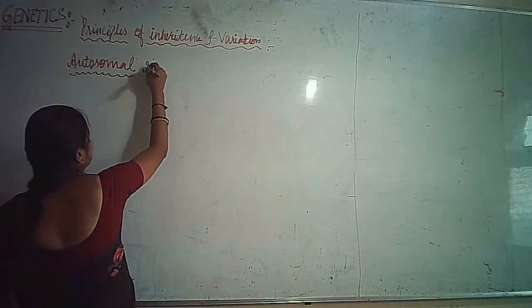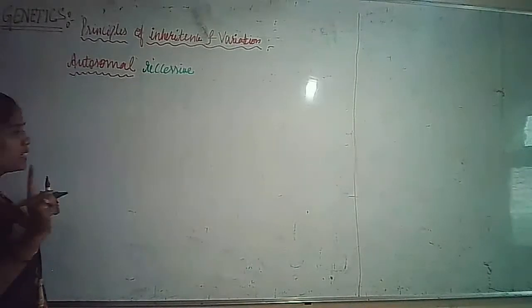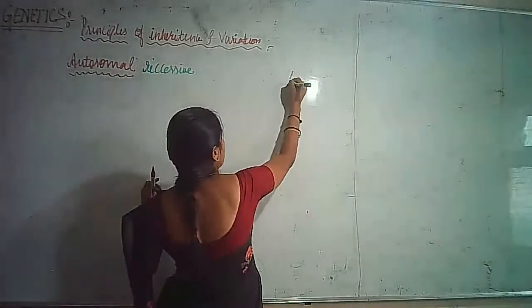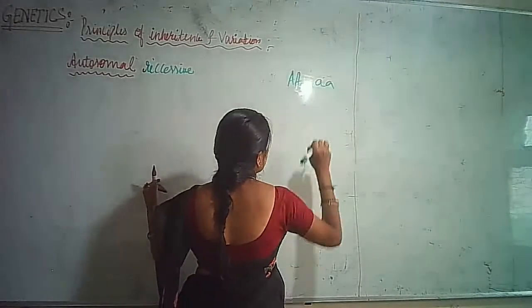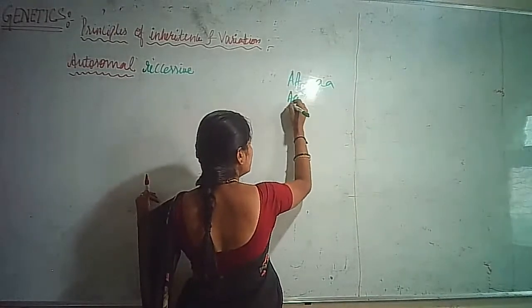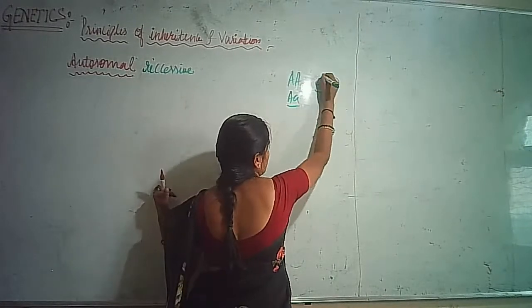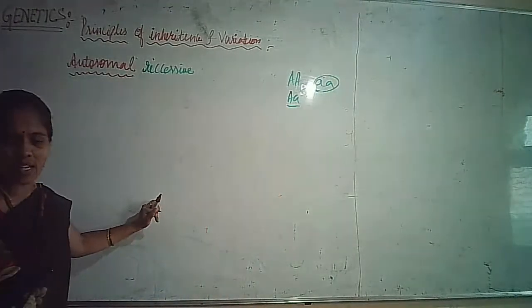Now, I will take the example of a recessive gene. Did you all remember now? I have said it many times. This is dominating, this is recessive. If it is present in the homozygous condition, then we can say it is dominating.